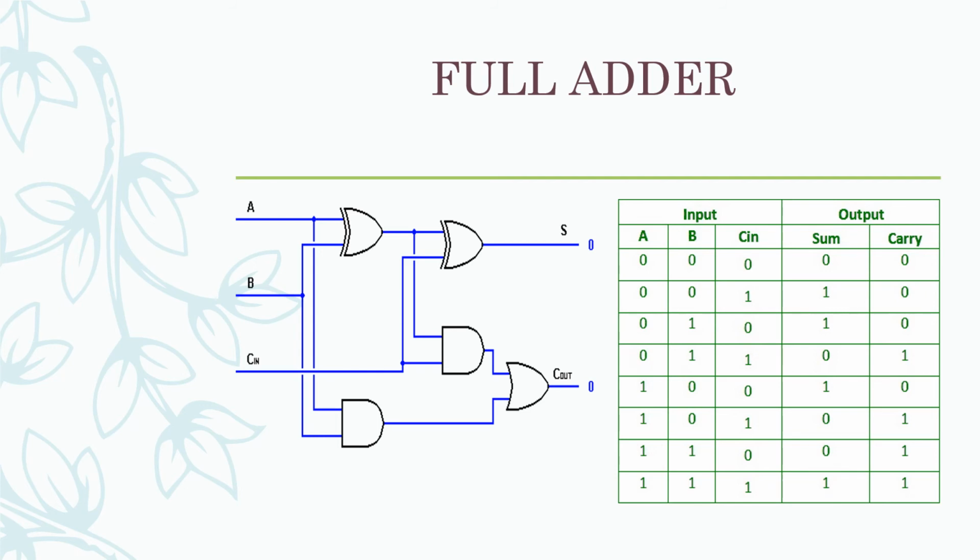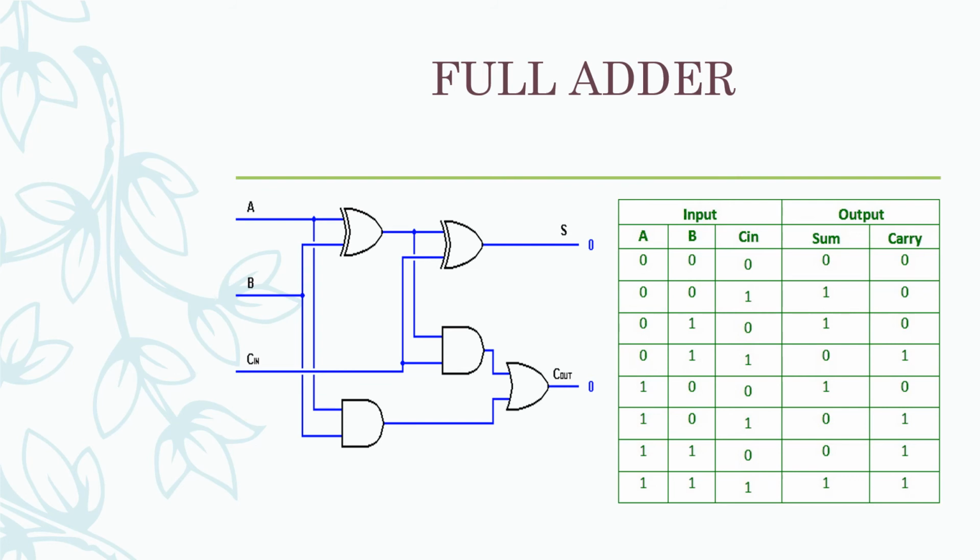The first half adder will be used to add A and B, and it produces a partial sum. The second half adder logic can be used to add Cn, that is carry input, to the sum produced by the first half adder.